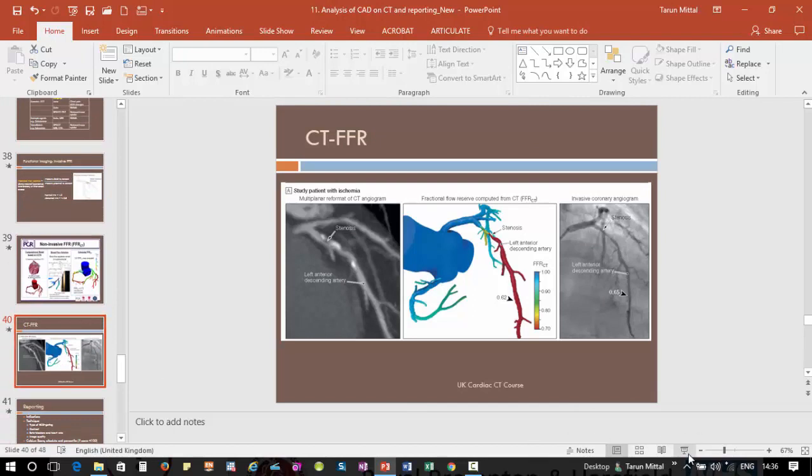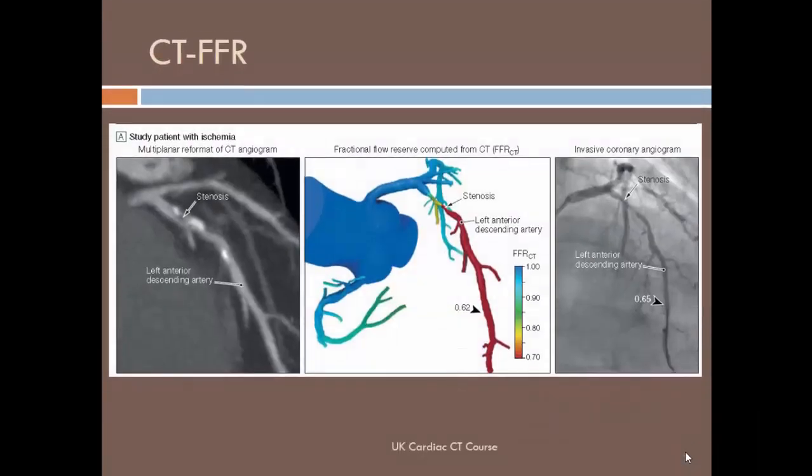So there have been 3 or 4 multi-center trials comparing CTFFR with invasive FFR. In the first trial, they showed that CTFFR improves the positive predictive value compared with that of standard CT angiography.